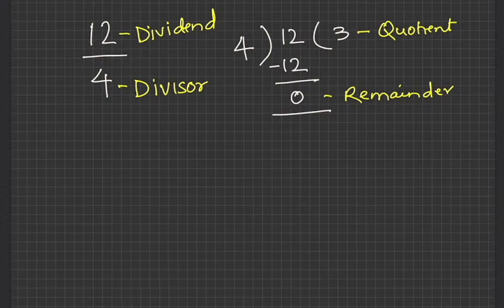Now let's say I have 17 divided by 5. My 17 is my dividend, and 5 is my divisor.